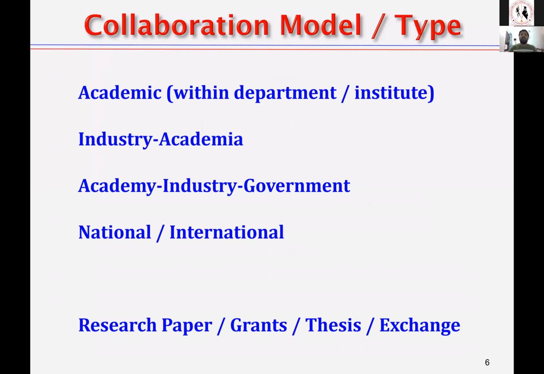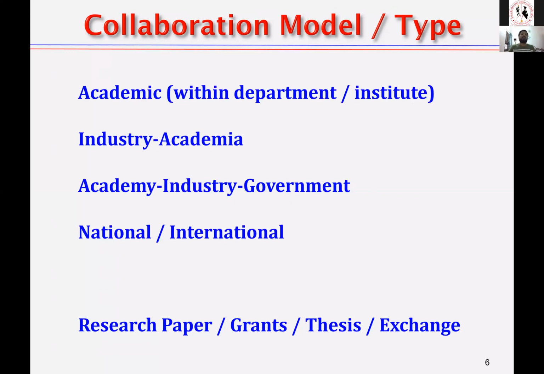And we do have industry-academia collaboration, and academia, industry, government collaboration. Some collaborations are even with different institutes within national collaboration and international collaborations. Why are we discussing this? Because you can't apply the same rules to different kinds of collaborations.